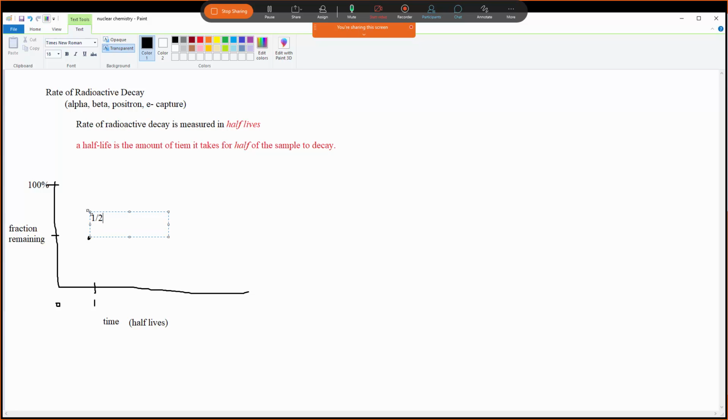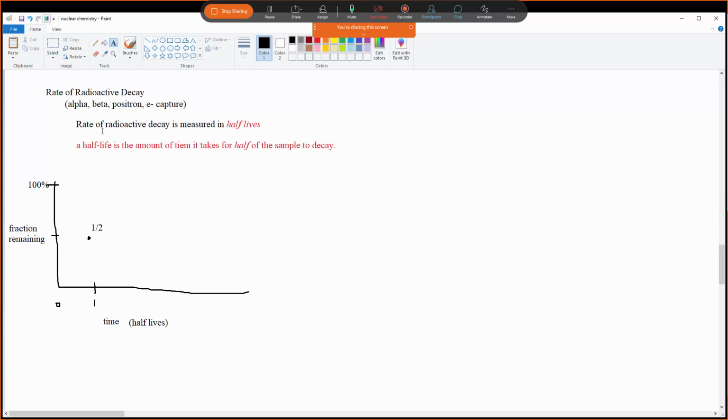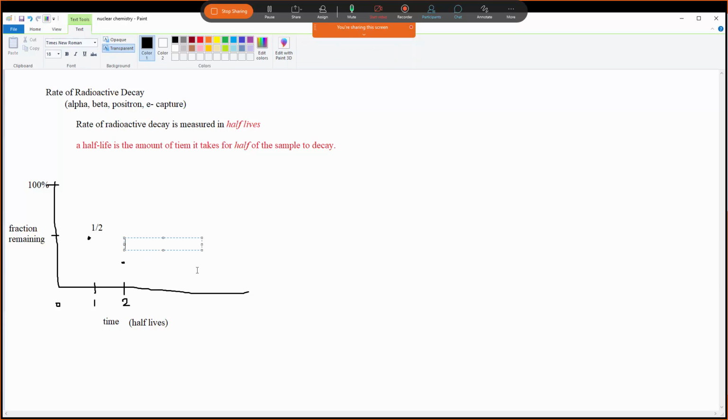One half remains. And then at time equals 2, your second half-life, then half of what you had, it's 1 half-life from here, so half of what you had here remains. So half of half is 1/4. That's the amount that will remain after 2 half-lives, right?